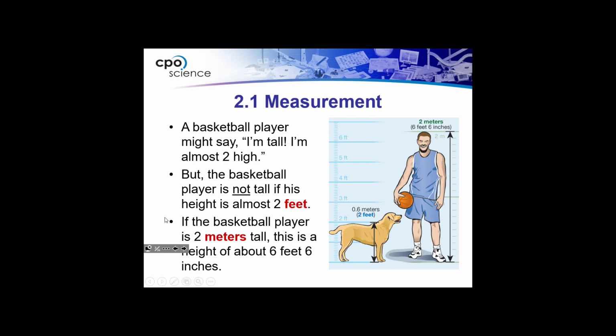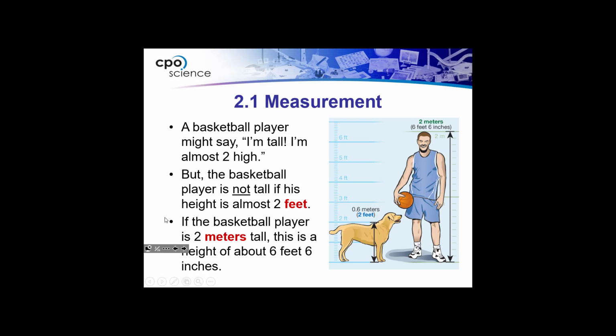It says a basketball player might say, "I am almost too high." To what? That's why we have to have our units, and it is important, because you wouldn't have a basketball player that would be 2 feet tall. That would be either they're really good shooting forward, or they're really fast.